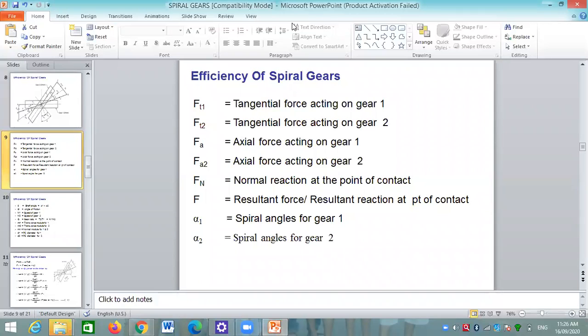FA is the axial force. FA1 is the axial force acting on gear 1. FA2 is the axial force acting on gear 2.